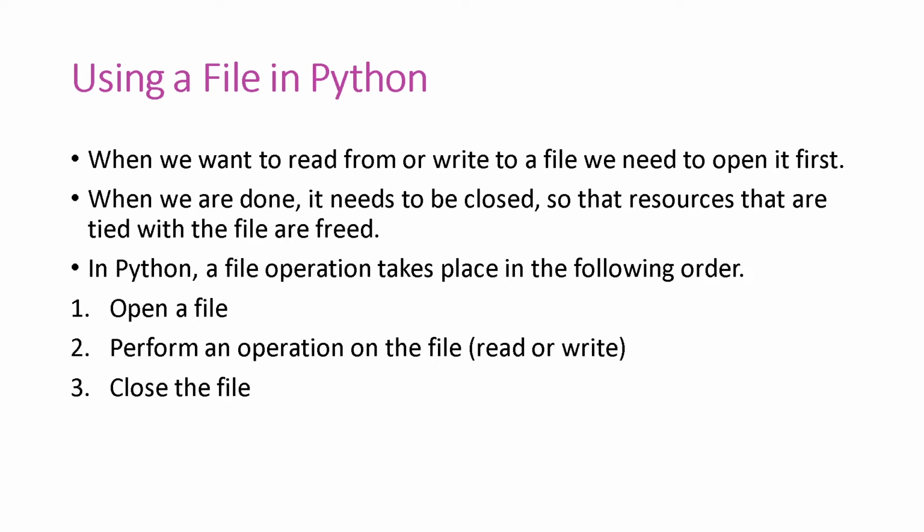In Python, a file operation takes place in the following order. We open the file. We perform an operation on the file, whether we're reading from or writing to it. In this video, we're just going to be looking at reading from a file. In a future video, we're going to look at writing to a file a little more. And then we close the file. Seems pretty simple, and it more or less is.